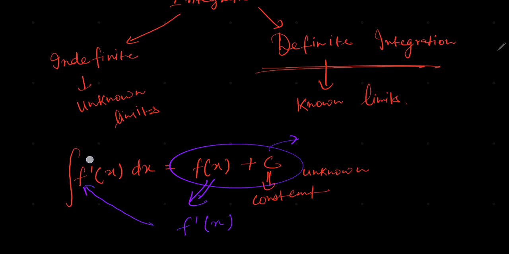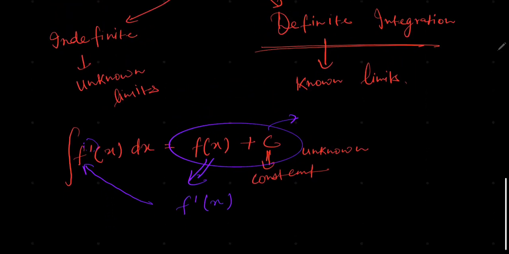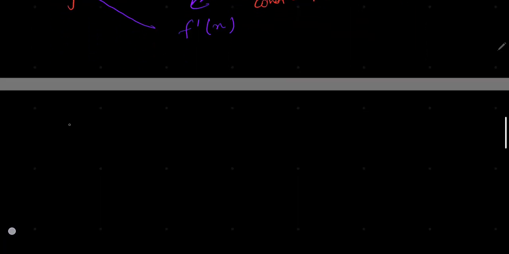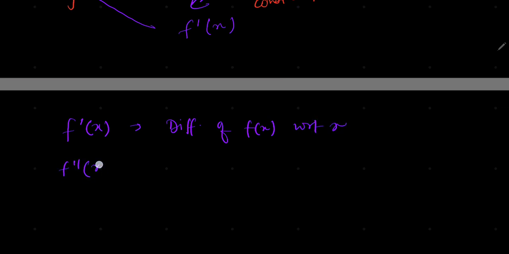If this dash represents differentiation of a function with respect to x, what does f dash represent? Differentiation of f(x) with respect to x. What does f double dash x represent? Double differentiation. We have to differentiate two times, one then another.